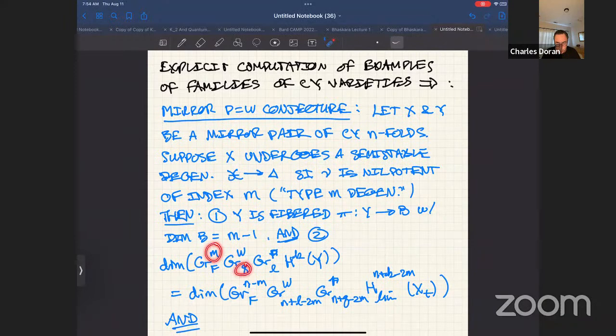The mth, qth, lth piece of H^k(Y), we claim, can then be identified with the (n minus m)th, (n plus l minus 2m)th, (n plus q minus 2m)th piece of the limiting mixed Hodge structure on X_t in degree n plus k minus 2m. And this is, again, just work out enough examples, and you see the pattern.